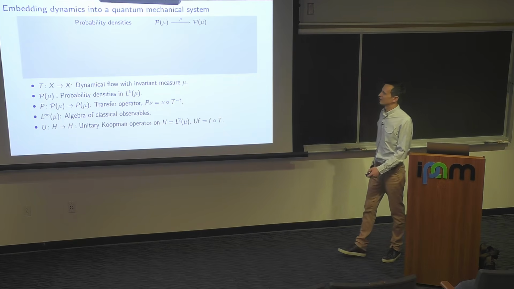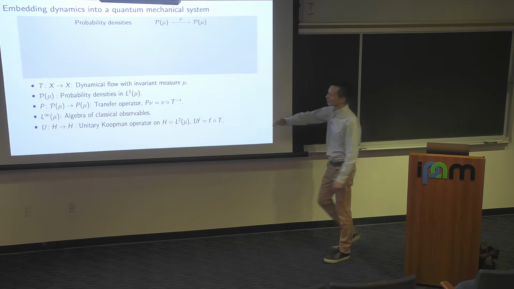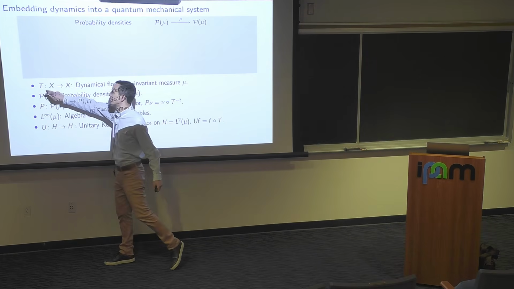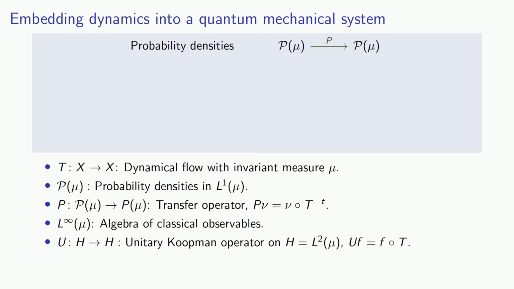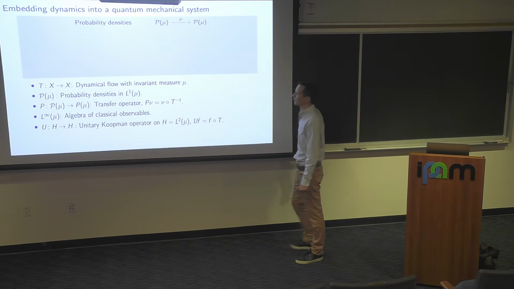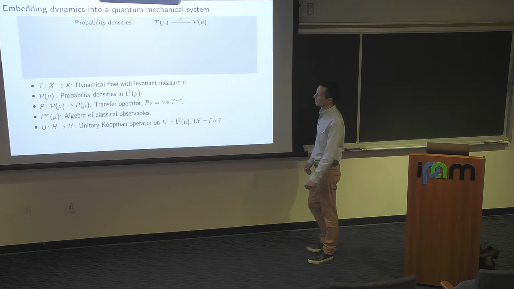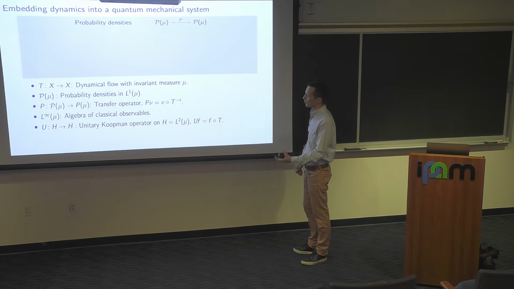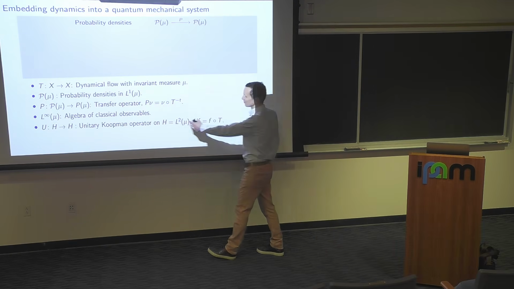Think of this map here, T, as the solution map for your model over one time step, and how this map acts on probability densities, which are the objects of interest in data simulation, through the transfer operator, which is shown here. But as I mentioned, we're also interested in how it acts on observables.